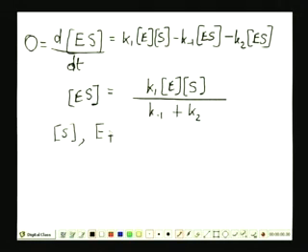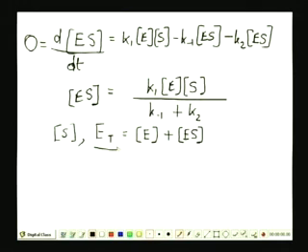Right. Now, at any time t, the total enzyme concentration is going to be what? Whatever free enzyme is left plus whatever has formed the enzyme substrate complex, because the enzyme cannot go anywhere else. It either is free or it has formed an enzyme substrate complex, right. So, that is what our ET amounts to. Okay.